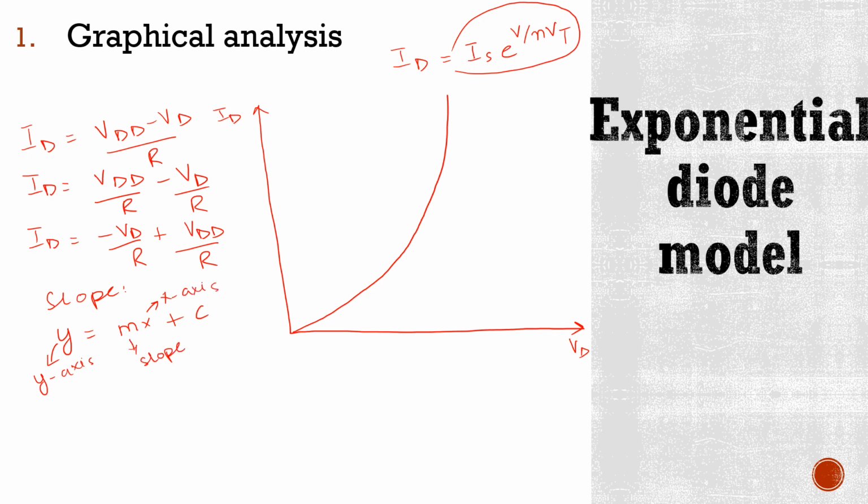Now if we compare this formula of slope with this equation of diode current, then we can write y is equal to ID, x is equal to VD, m is equal to minus 1 upon R, and c is VDD divided by R.